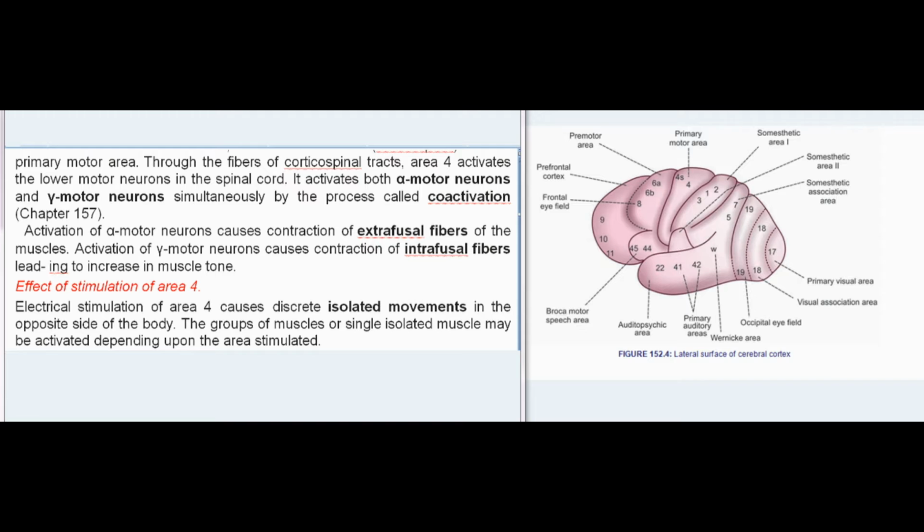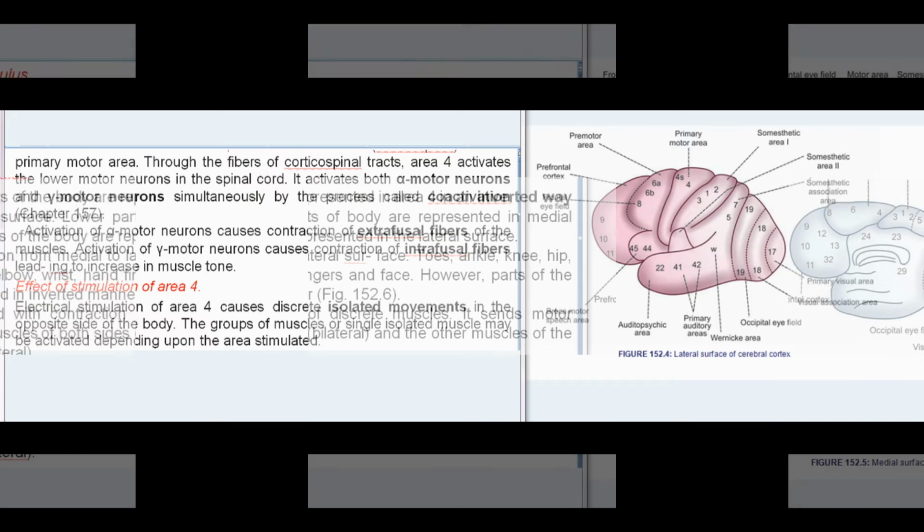Activation of gamma motor neurons causes contraction of intrafusal fibers, leading to increase in muscle tone. Effect of stimulation of area 4. Electrical stimulation of area 4 causes discrete isolated movements in the opposite side of the body. The groups of muscles or single isolated muscle may be activated depending upon the area stimulated.